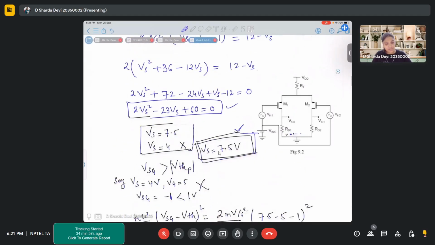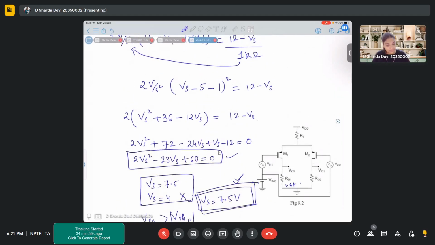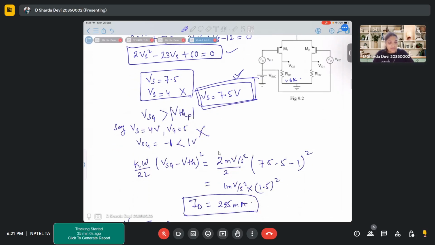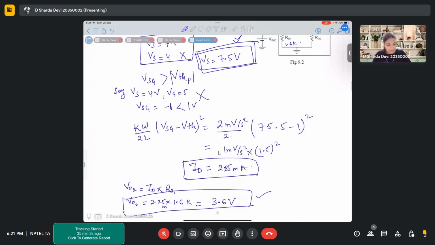This is what corresponds to the lower limit of your swing. Okay, so this is 3.6 volts.